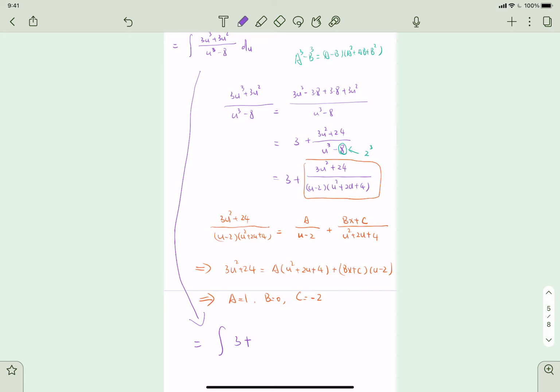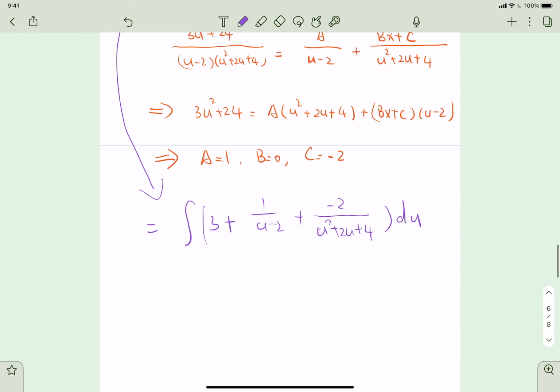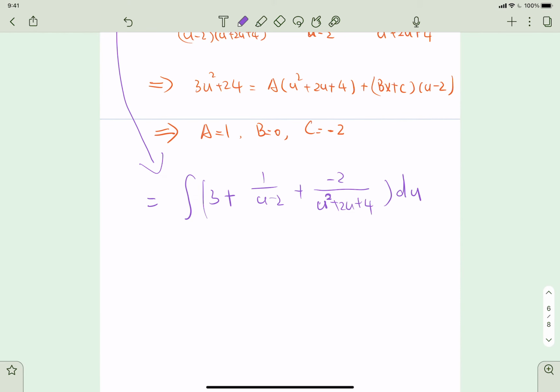That orange guy has become 1 over u minus 2 plus this negative 2 divided by this u squared plus 2u plus 4 du. Okay? Like that.